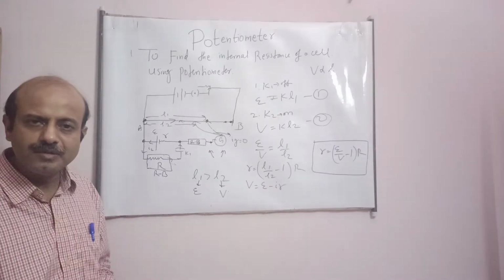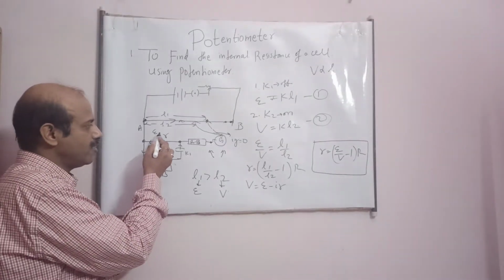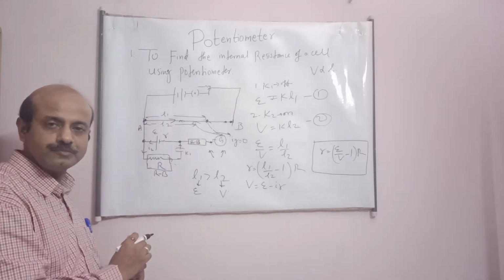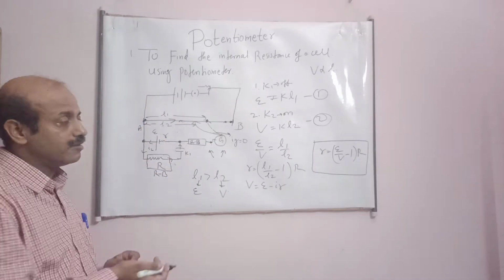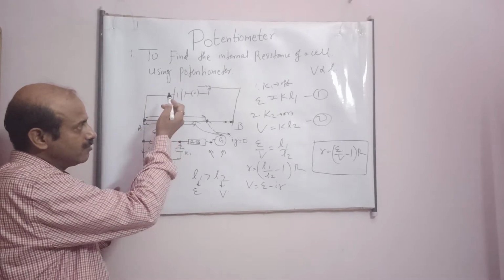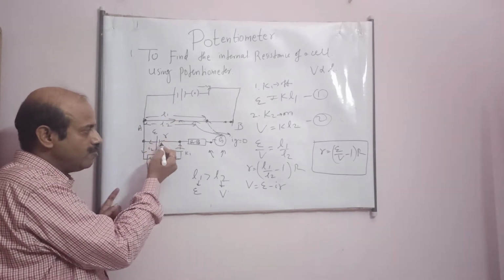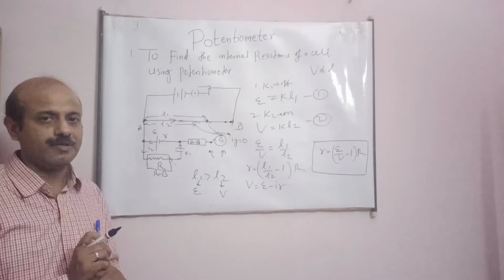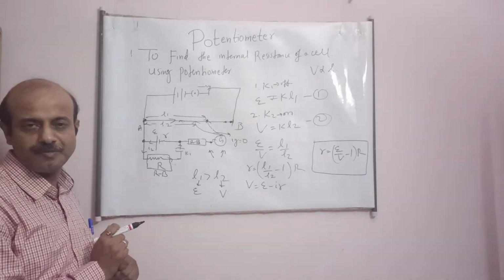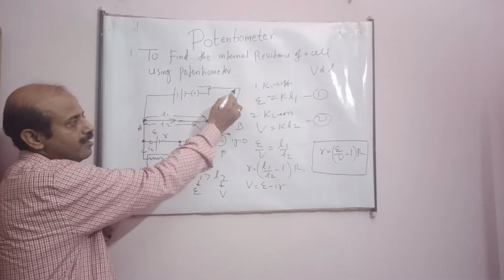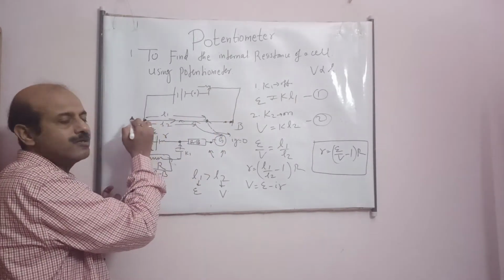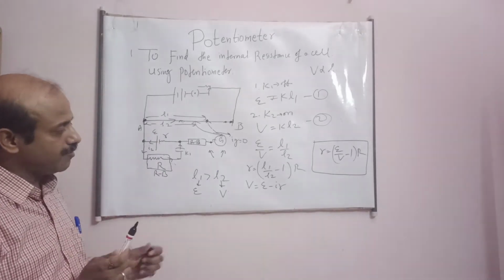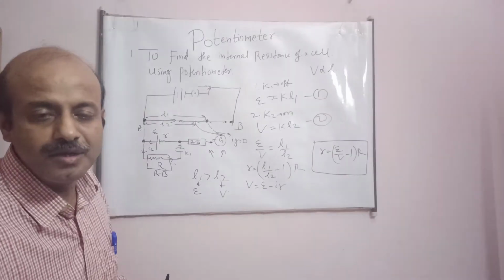That will mean either this cell is not working, or there is some loose connection, or the EMF of this cell may be less than the EMF of the cell to be measured. So you should check it before starting the experiment. The connections should also be neat and clean, because sometimes oxides are deposited and they add to the resistance. Now I will explain the same method with the help of a numerical.